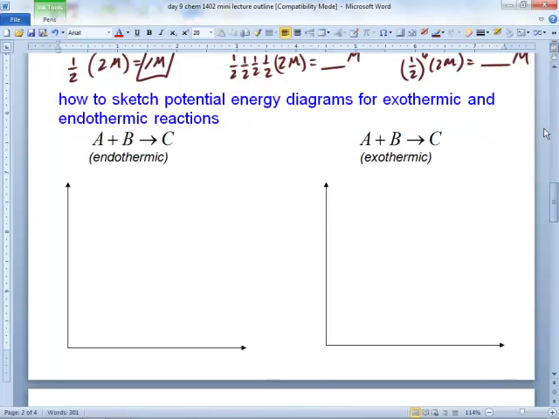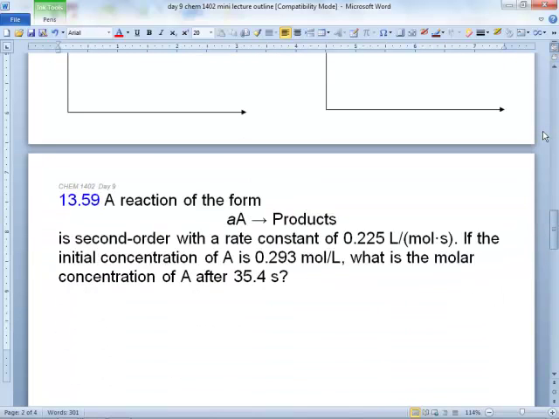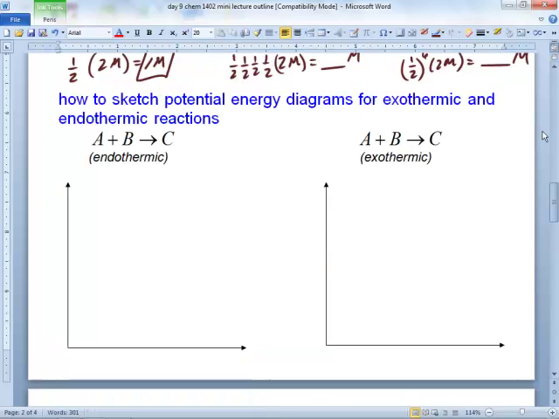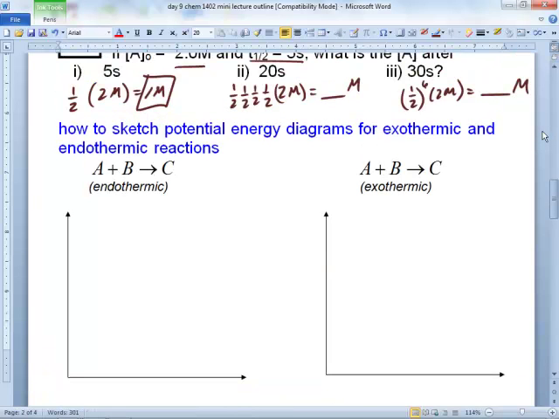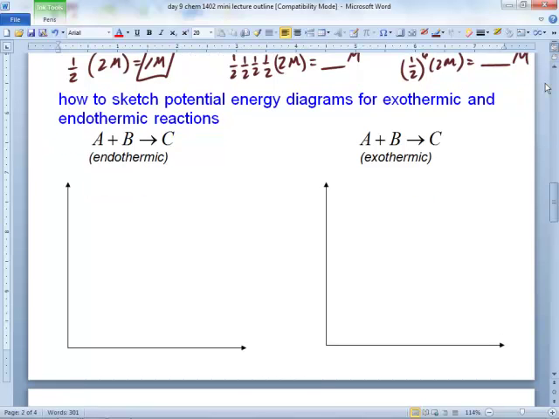Okay, before we jump into this, this is the meat and potatoes of what we're after, right? This type of question, where I give you all the rate constants and everything and ask for initial concentration or something. We need to do this first. Talk about how to sketch a general endothermic or exothermic potential energy diagram. How does the energy change as reactants go to products? Down on the bottom, you could write time, but they don't like that.